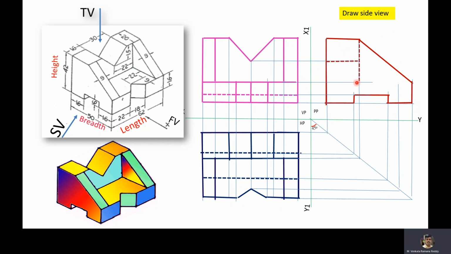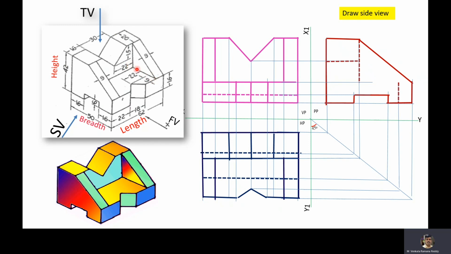After that, this V groove is not visible in the side view. It is at a distance of 6 mm along the breadth direction and a height of 16 mm. So from this end at a distance of 6 mm with a height of 16 mm, draw a dotted line. After that, this line is there, no, it is not visible in the side view.